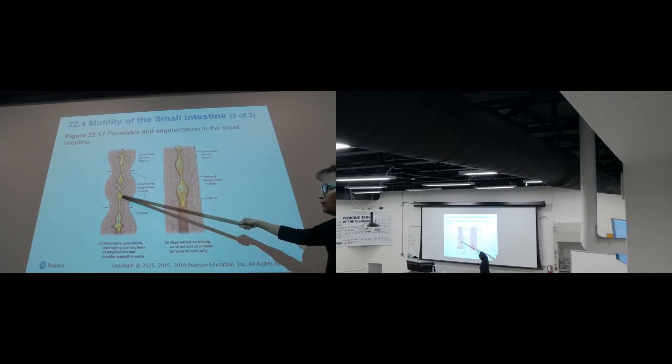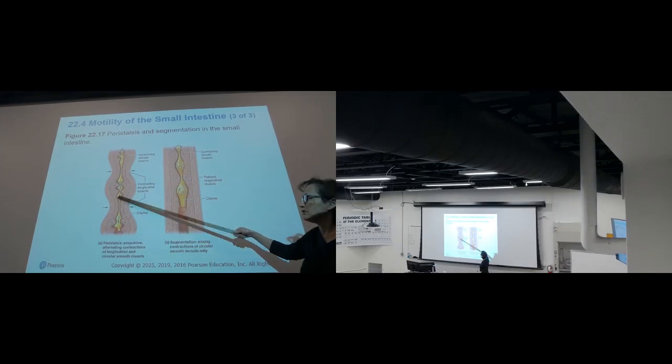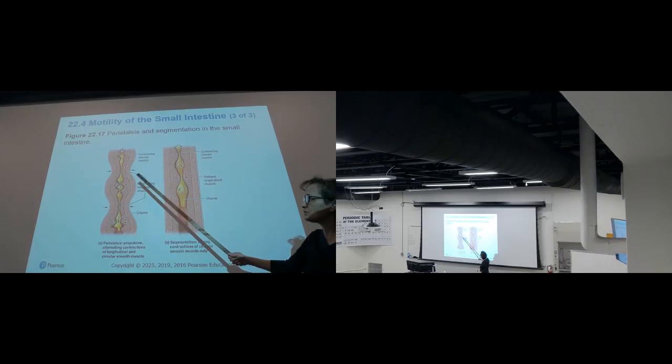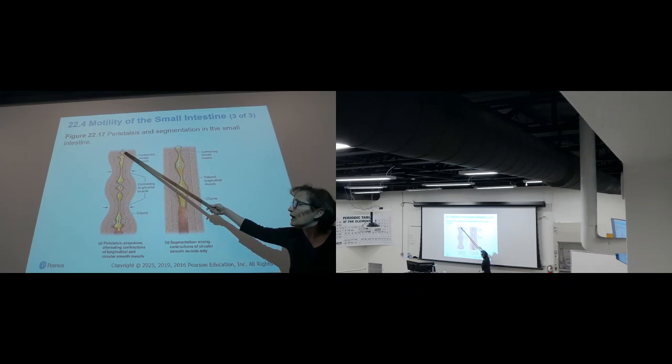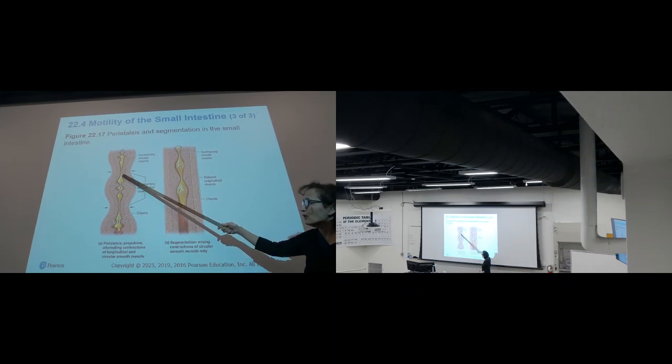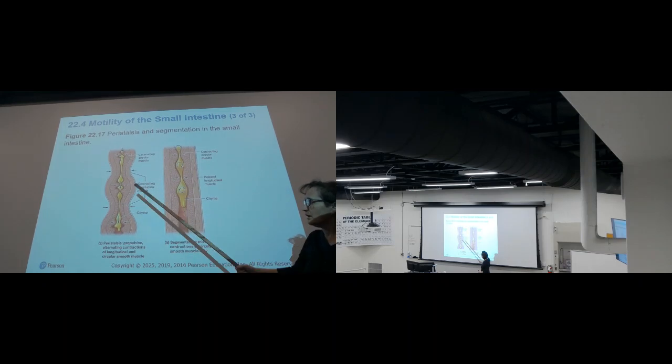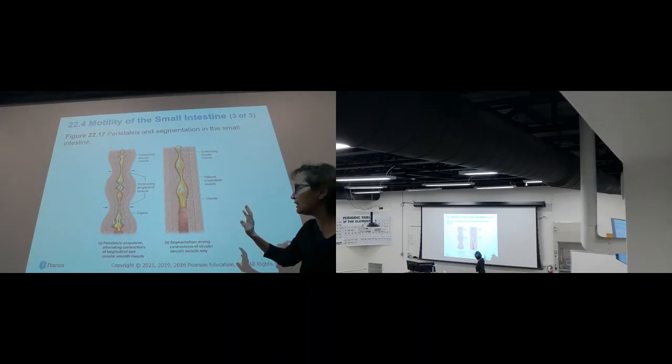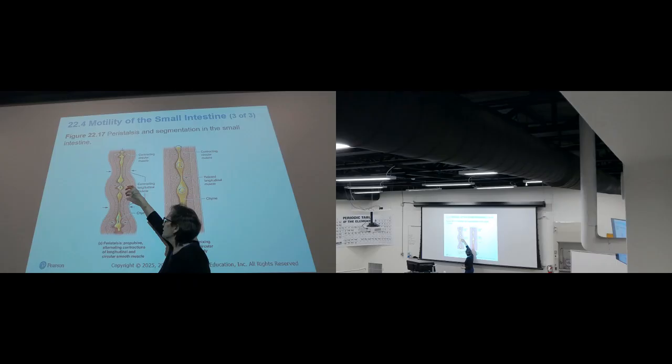So you spread your food, your chyme, internally. The reason for this contraction of the circular muscles and the longitudinal muscles is that you want to have more action of the enzymes over this. It's much easier, and it's good that it presents this food like this inside the intestines.